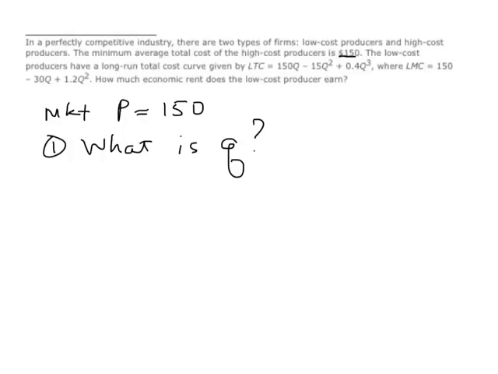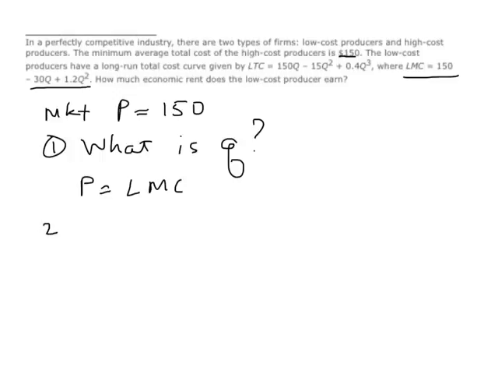And so you just set P equals LMC, and you have LMC. So plug 150 into the long run marginal cost relationship. You might need the quadratic formula to solve that, but I know you all can look up the quadratic formula and solve. So that's how you figure out what Q is.